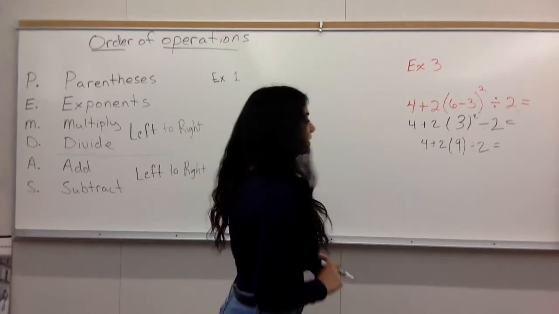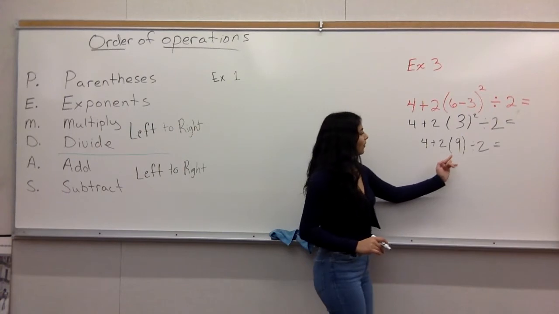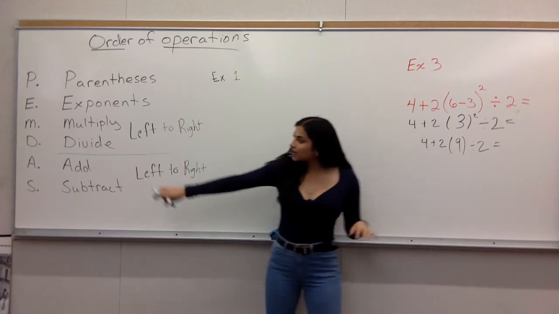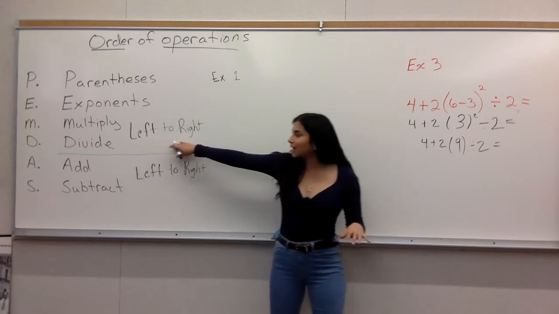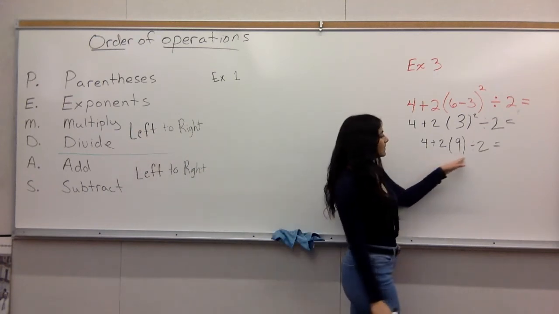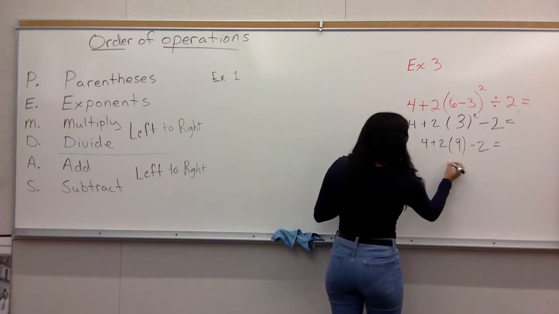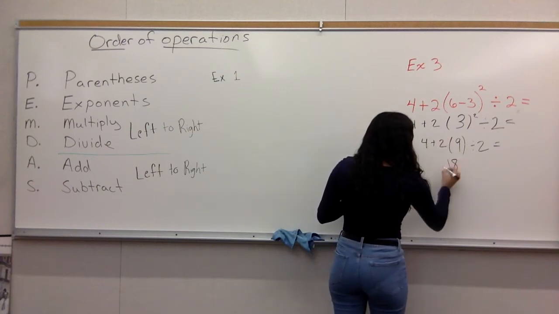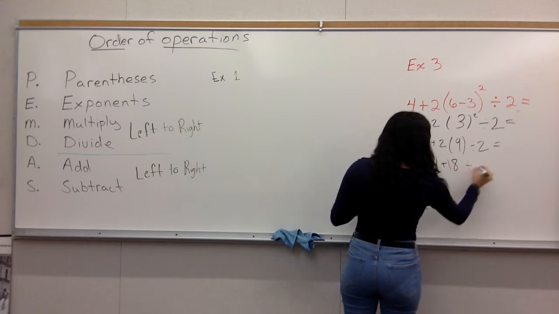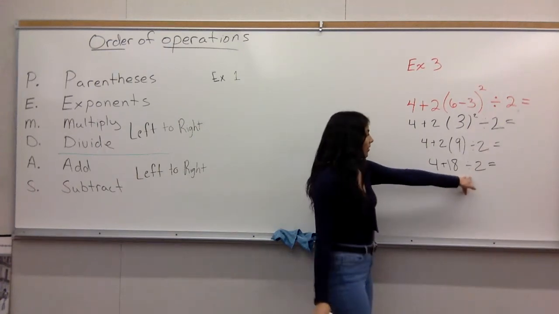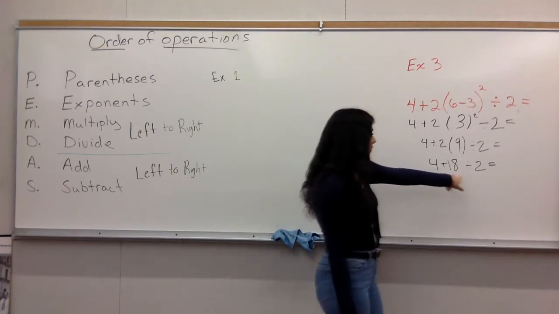So here we have both multiplication and division. Which one are we going to do first? Well, if we look over here, we have to go from left to right. So which one of these comes first from left to right? The multiplication does. So we do that, and we get 18. And now we can do the division because division comes before addition.